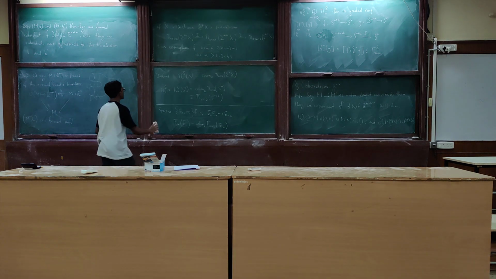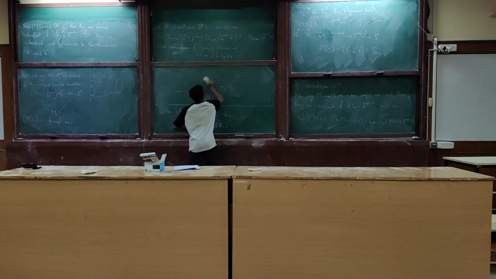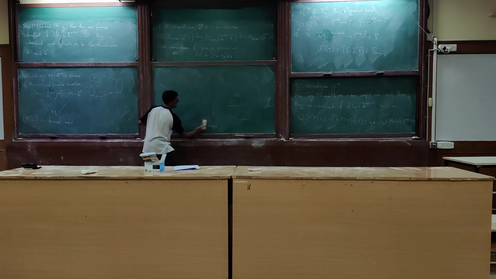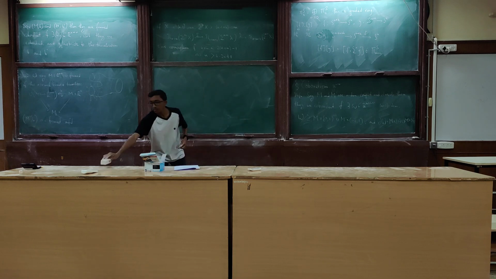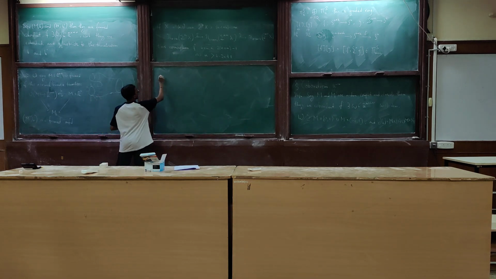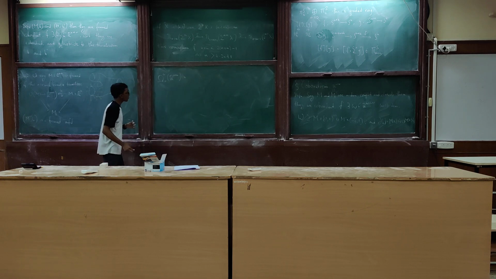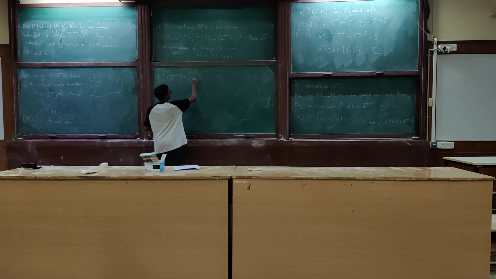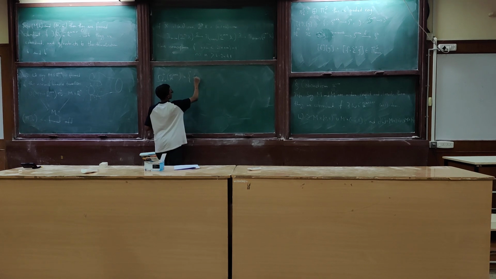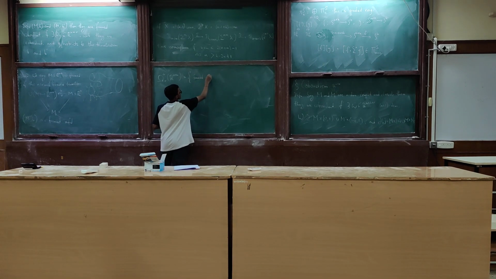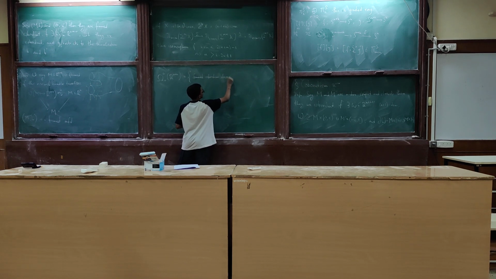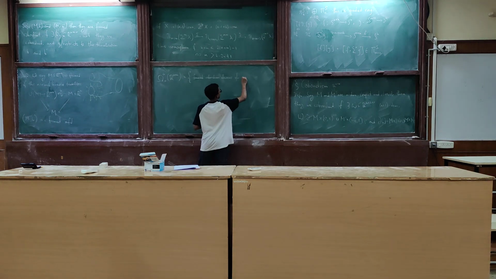So we will denote by Omega^F_n the framed cobordism classes of n-dimensional manifolds.